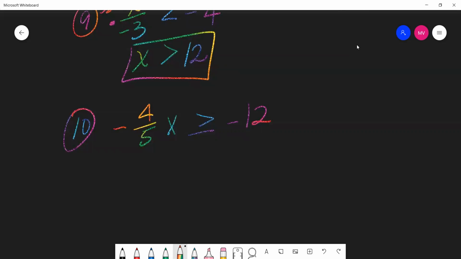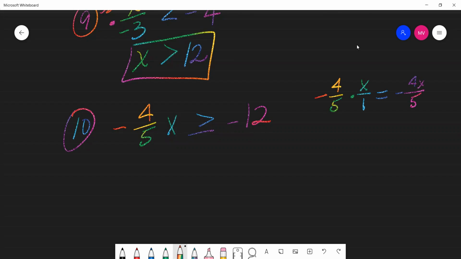You could either recognize that you need to multiply both sides by the reciprocal of -4/5, or you can rewrite it. So remember when we rewrite a fraction, it's like -4/5 times x over 1. So that becomes -4x divided by 5. So we could do that.